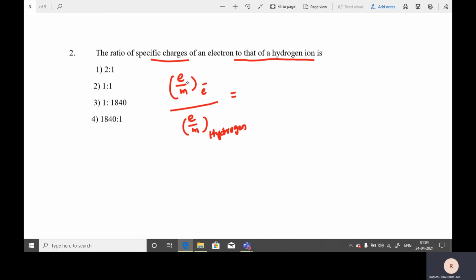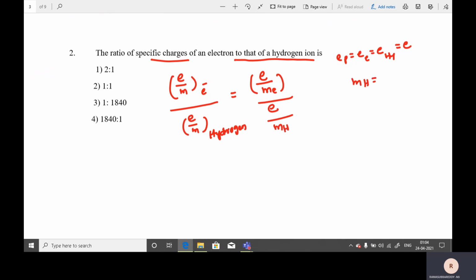Specific charge of electron is e, the charge of electron, by m, the mass of electron, divided by e, the charge of proton, or charge of electron, or charge of hydrogen, all are the same only, e, and here the mass of hydrogen.